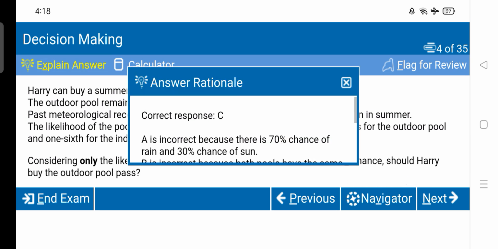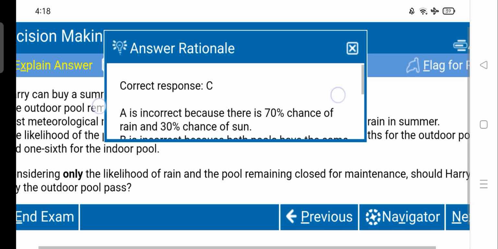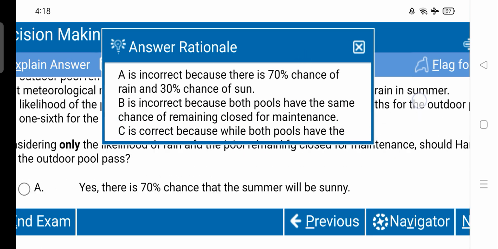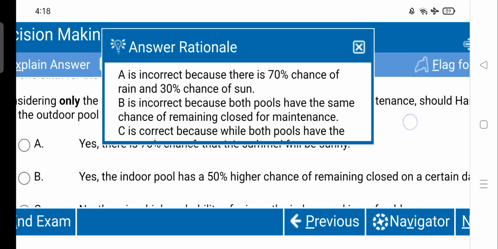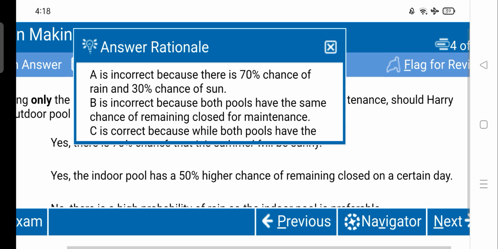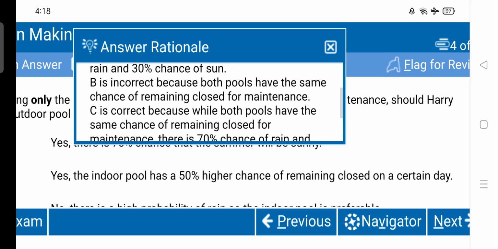So here we have the correct option is C, and A is incorrect because there is 70% chance of rain and 30% chance of sun. B is incorrect because both pools have the same chance of remaining closed for maintenance.